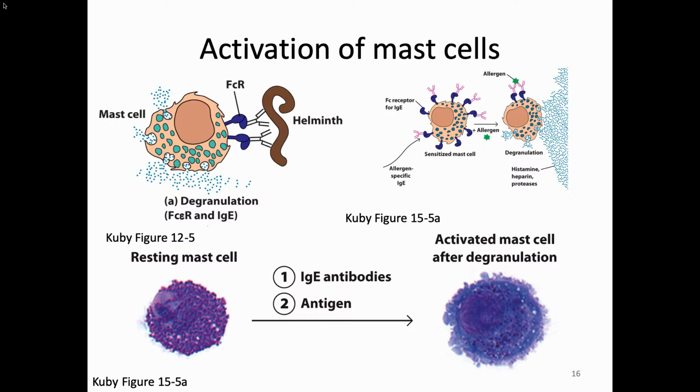And if those antibodies bind both that Fc receptor on a mast cell and an antigen, like the antigen that may be found in this parasitic worm, that will activate the mast cell to secrete its products that are in its granules. And so the activation of mast cells, where the mast cell takes all of its granules and loses them by expelling their contents, is the final function of antibodies.